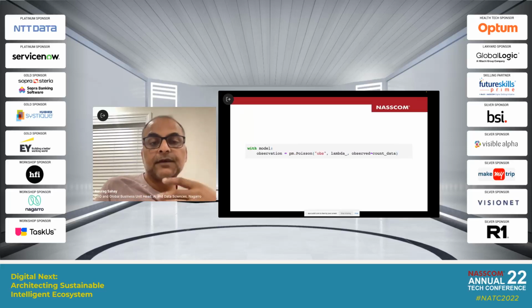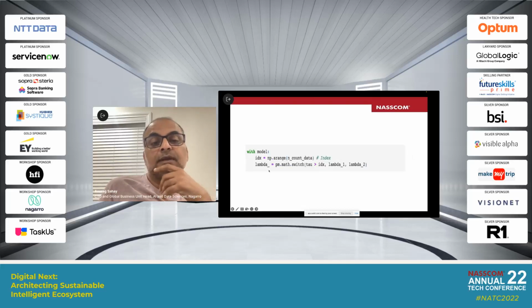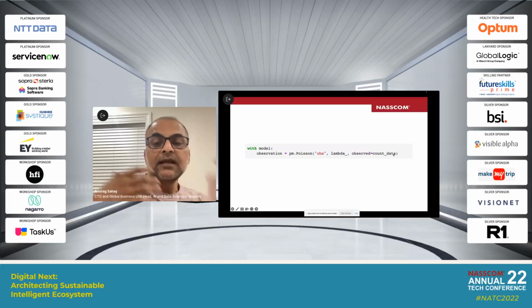And then I actually fit my model. I say my observation is basically that there is lambda, and the lambda was described as a switch statement, and the observed is actually the count data. And then we let PyMC do its magic.